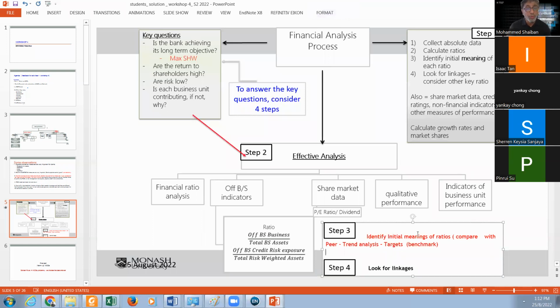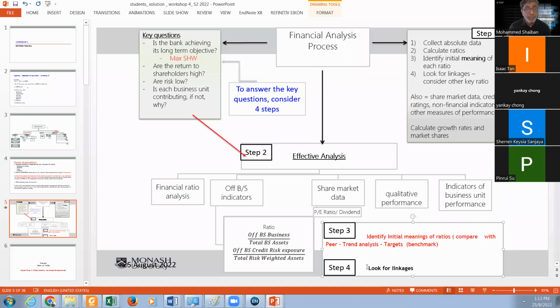And therefore, as I told you, when we have all those data, you have to compare it with your trend, based on last year, and with the peers. How do you do compared to last year? How do you do compared to the industry average? And how do you do according to your targets, which is a benchmark?